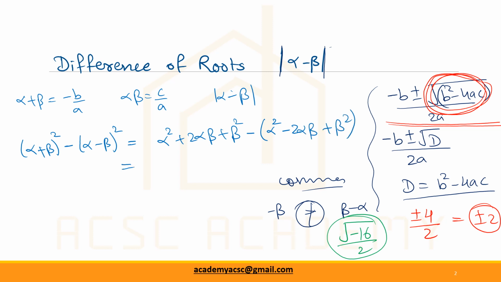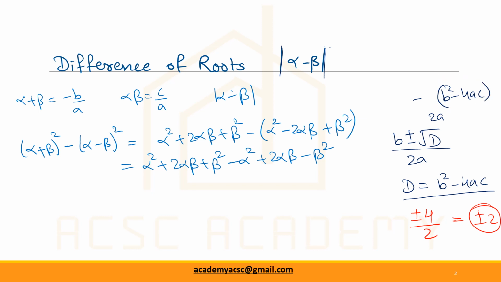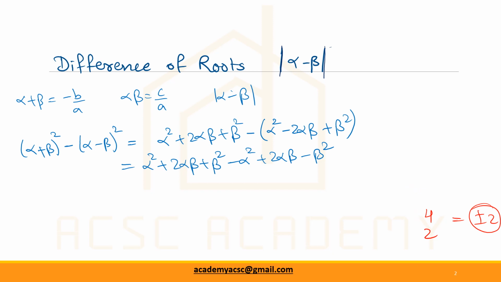And when we open the bracket, it will give minus alpha squared plus 2 alpha beta and minus beta squared. So now can we take anything common or can we cancel out anything? Yes, we can cancel out alpha squared and beta squared, and finally we'll be left with only one single term, that is alpha beta. So the result that we get is, these two are cancelled, we get 4 alpha beta.